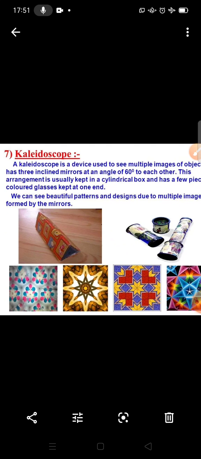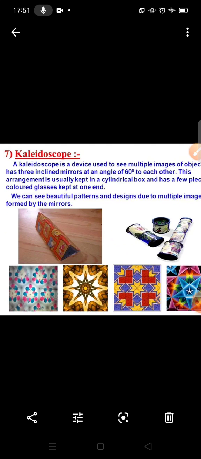There is another device also, the periscope. The periscope is a device that is used to see objects located at a higher level. In a kaleidoscope three plane mirrors are used, but in a periscope two mirrors are placed parallel to each other, each at an angle of 45 degrees to the corner, whereas in a kaleidoscope the angle is 60 degrees.